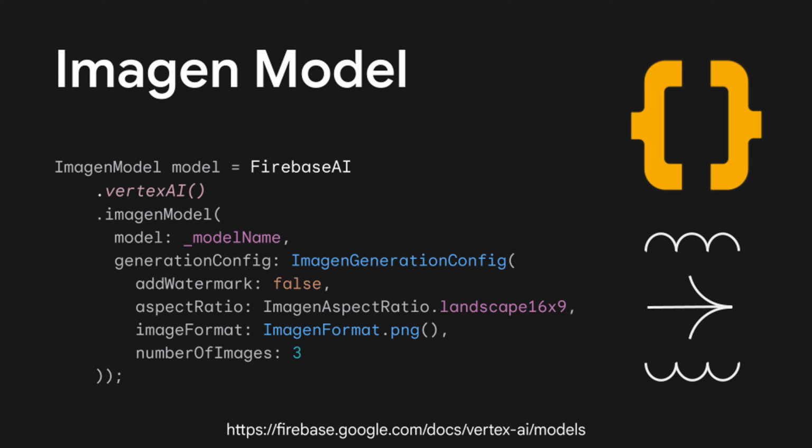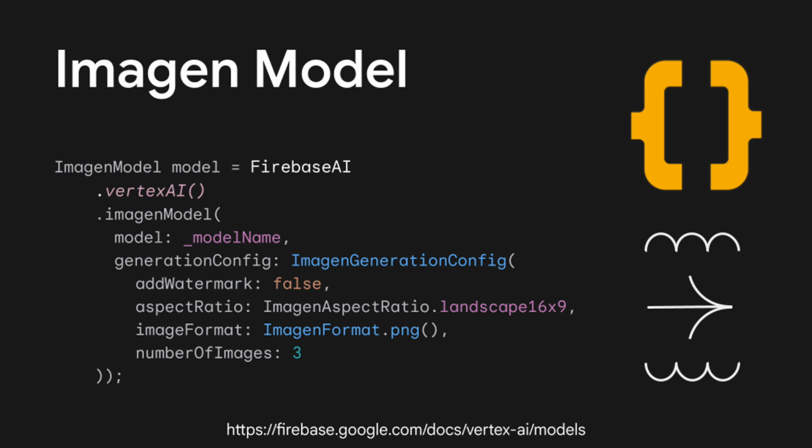Ah, configuration options. Things like add watermark false, setting the aspect ratio, they used landscape 16:9 in the example. Okay, common aspect ratio. Yeah, choosing the image format like PNG, and even setting the number of images you want back from a single prompt. The demo asked for 3. So, decent control over the output format and quantity.